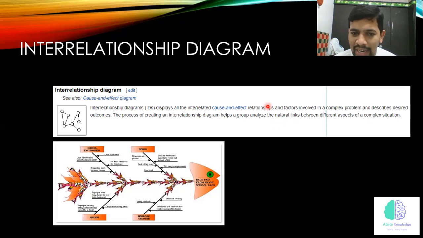The process of creating an interrelationship diagram helps a group organize the natural links between different aspects of a complex solution. The only difference between the fishbone diagram or cause and effect diagram versus the interrelationship diagram: both are the same.